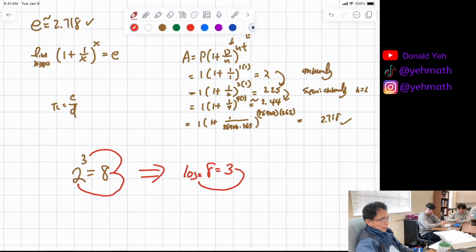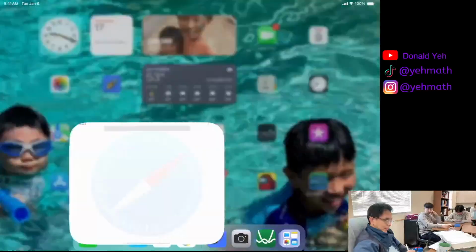You can convert this to the exponent form. It'll be 2 to the third is equal to 8. Same way, start with the base and draw a sideways heart. You should be able to solve the problem. Got it? No problem?